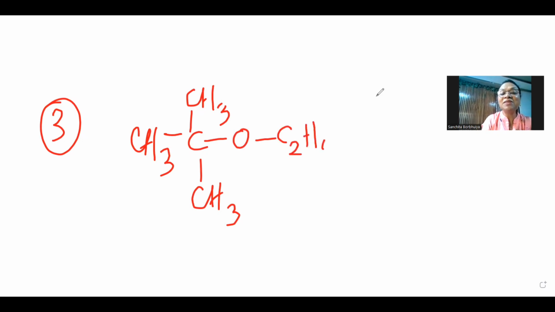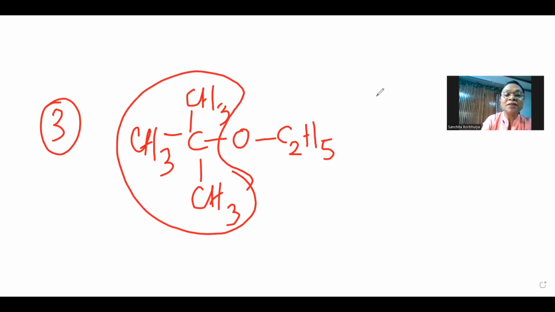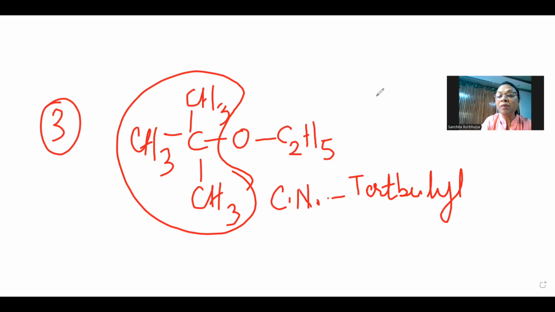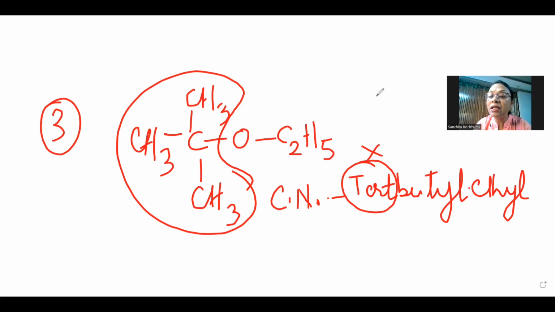Let me make it unsymmetrical, then it will become a better thing to discuss. All right. So this is tertiary butyl, if you remember. So we're writing the common name. Remember, the tert does not come in the alphabetical order. You look at the butyl, B, which is in the alphabetical order. So this is tertiary butyl ethyl ether. All right, that is the common name of this compound.